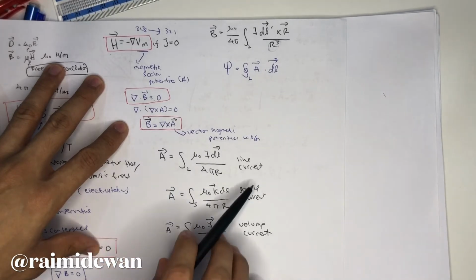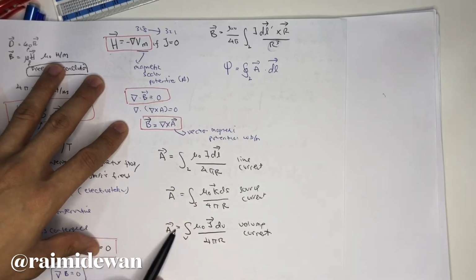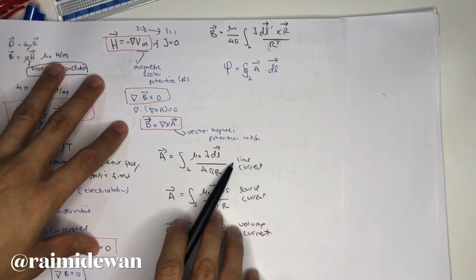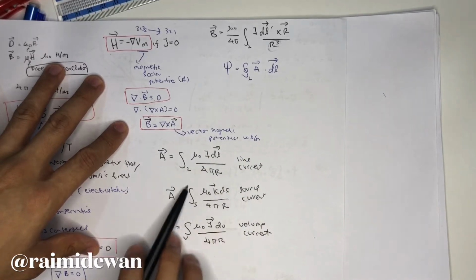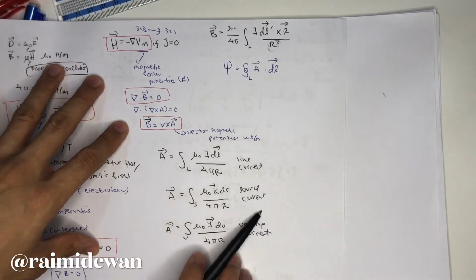Depending on our source of current, we might have a difference. This is for the line current, this is for the surface current, and this is for the volume current.